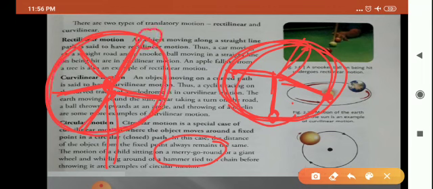In a giant wheel also, suppose this is a fixed point, and from this fixed point the distance always remains the same. You are sitting here, so this object moves along a closed circular path at a fixed distance from the fixed point. That fixed point is at the center. So I hope, children, it is clear to you.